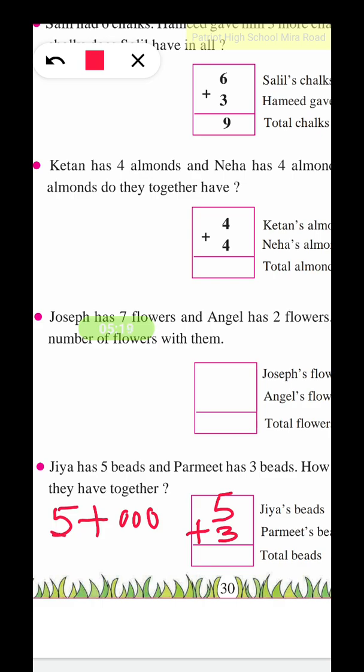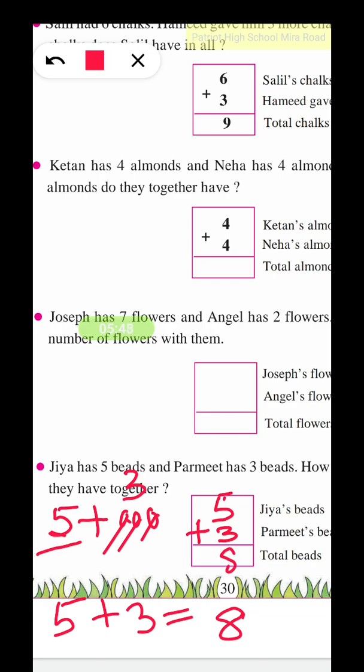We will not draw beads for 5, but for 3 we will draw 3 beads. And we will start counting from 5 onwards. 5, 6, 7, 8. So 5 plus 3 is equal to 8.